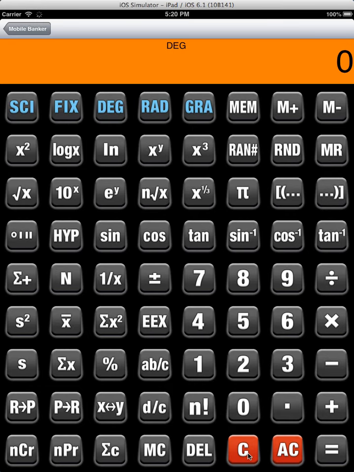And then say rectangular to polar, 45 and this, so x to y. Okay, so rectangular to polar, so 12, 5, and then 12, 5.